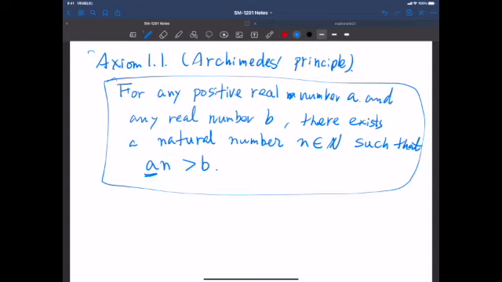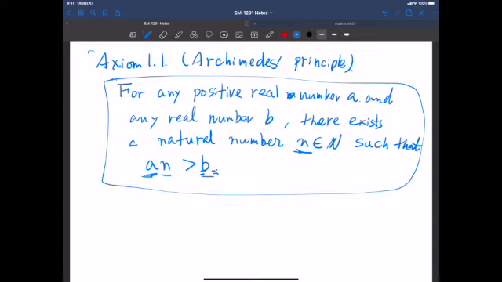So a is a positive real number and b is any real number. Then a and b are any numbers, as long as a is positive. Then we can pick some natural number n such that a times n is greater than b.